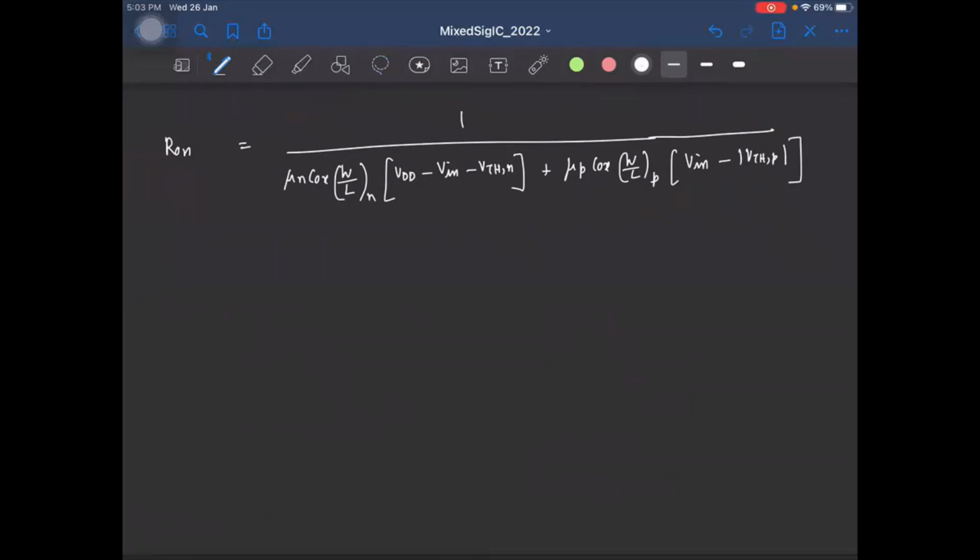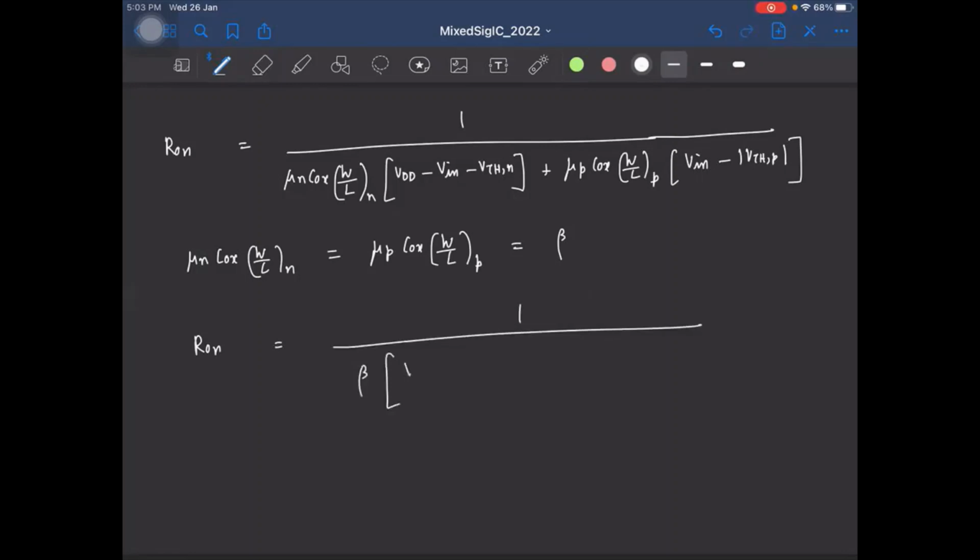Now here, if you make mu N Cox W by L of the NMOS equal to mu P Cox W by L of the PMOS, and call this some beta, what will happen? R on will be 1 by beta times VDD minus Vin minus VTHN plus Vin minus mod VTHP, right? And we see that the dependence on Vin completely goes away.